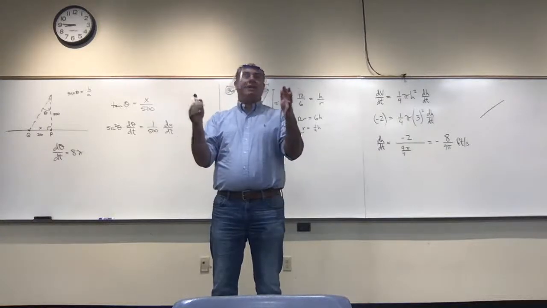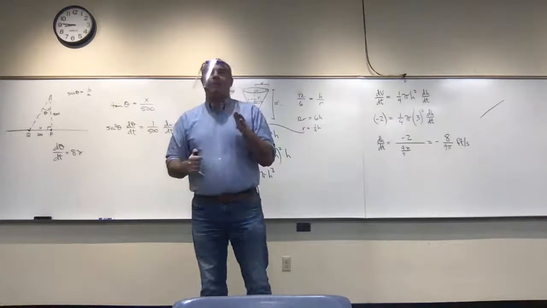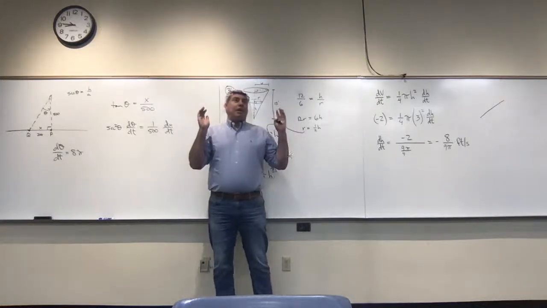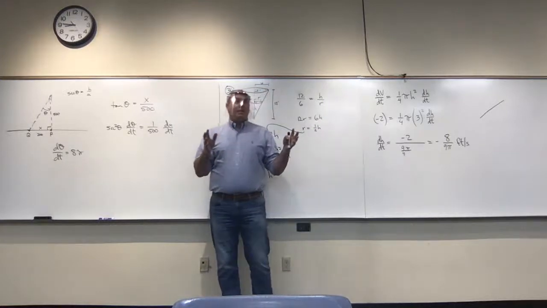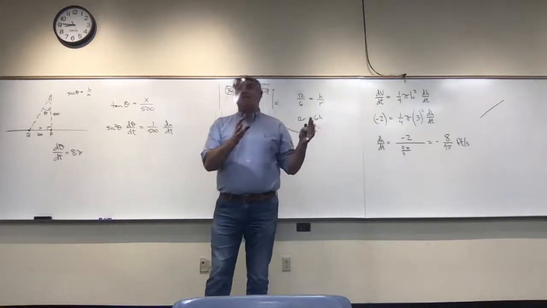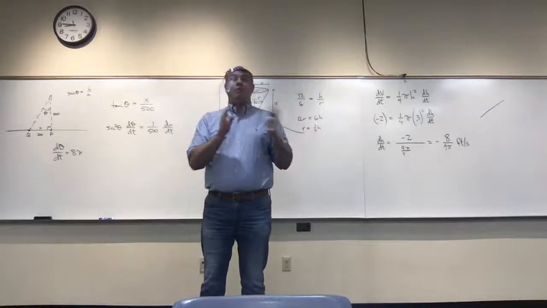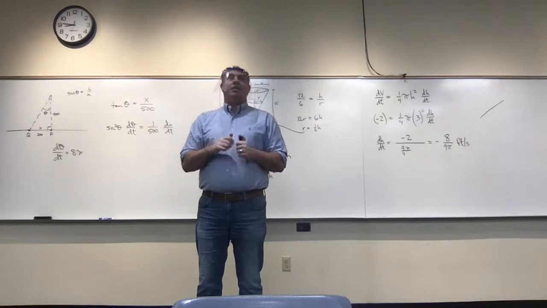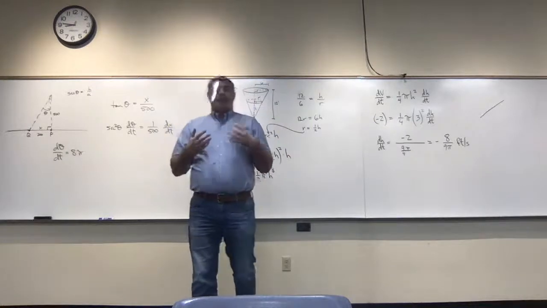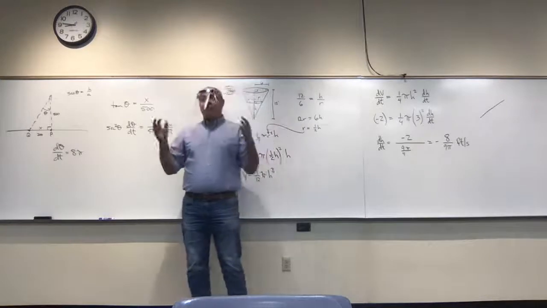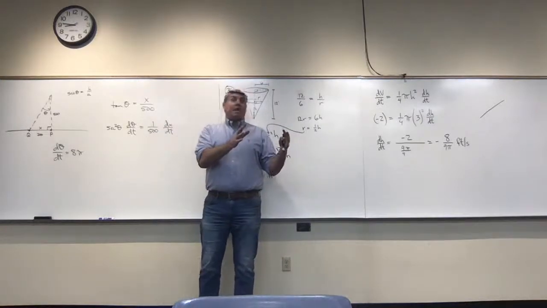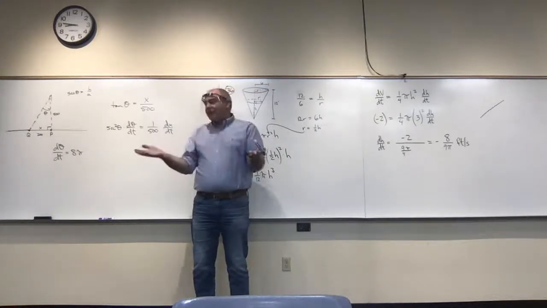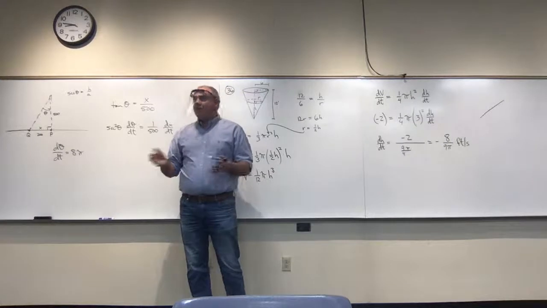There was this great Albert Einstein quote, and he said that if he had an hour to save the world, he would spend 59 minutes on figuring out what was the problem and 1 minute on solving it. And this is a good rule of thumb for mathematics students as well. When you get a difficult problem, the majority of your time should be on figuring out what the problem is. And then you solve it once you figure out what the problem is.